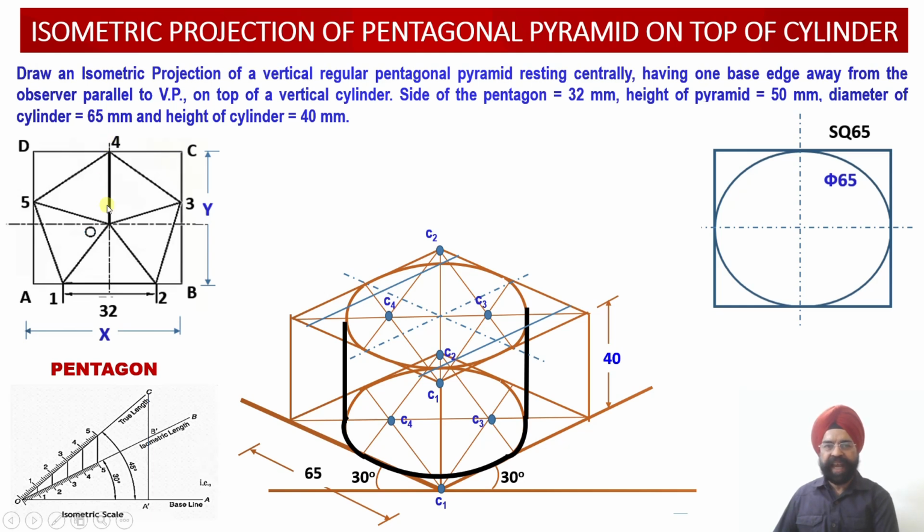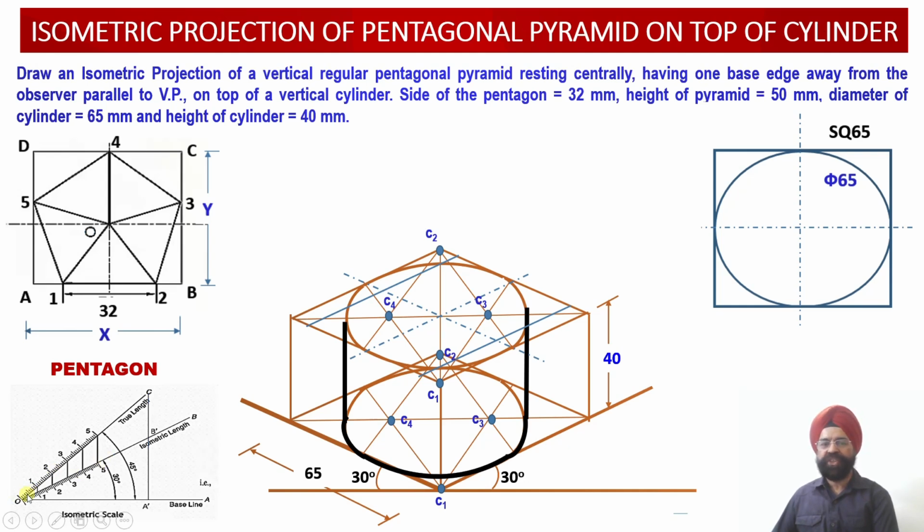So this center line means that, along the x orientation, this is the midpoint, right? So I have marked an offset of x by 2 on this side, and an offset of x by 2 on this side. I know the dimension x, so I converted it onto the isometric length.